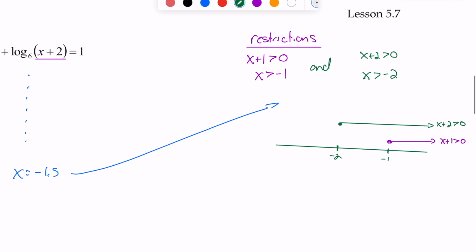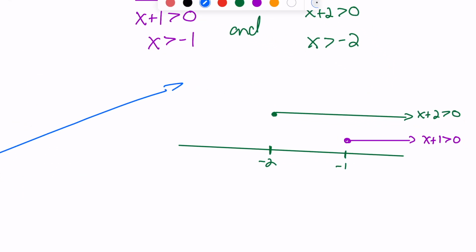So let me look at this constraint right here. I'm going to test numbers like negative 1.7, negative 1.5, and so on. Any number that exists between these two numbers, right?